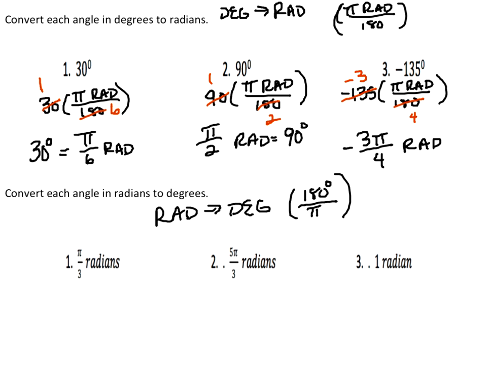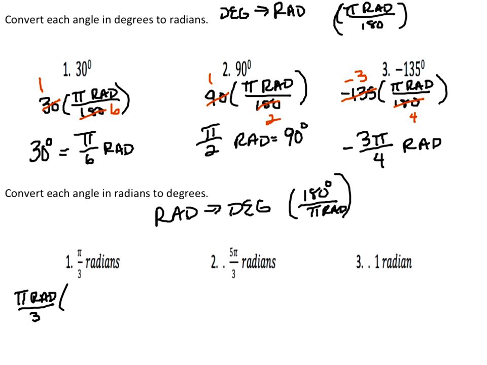All right. Well, pi radians, and they'll divide out. All right, so I start out with pi over 3 radians, which is the same thing as pi radians over 3.